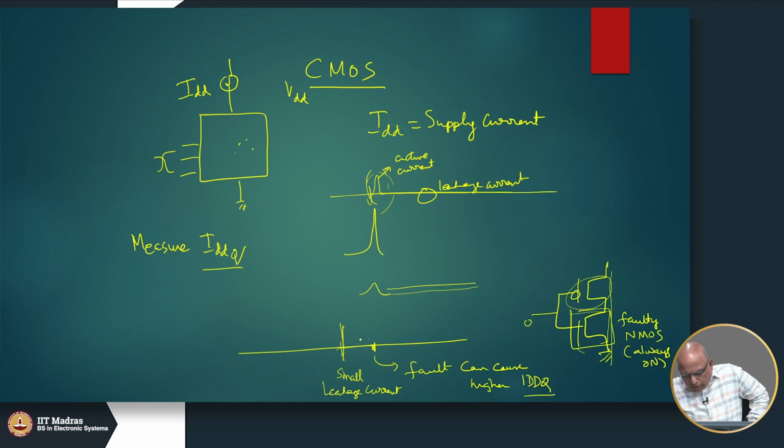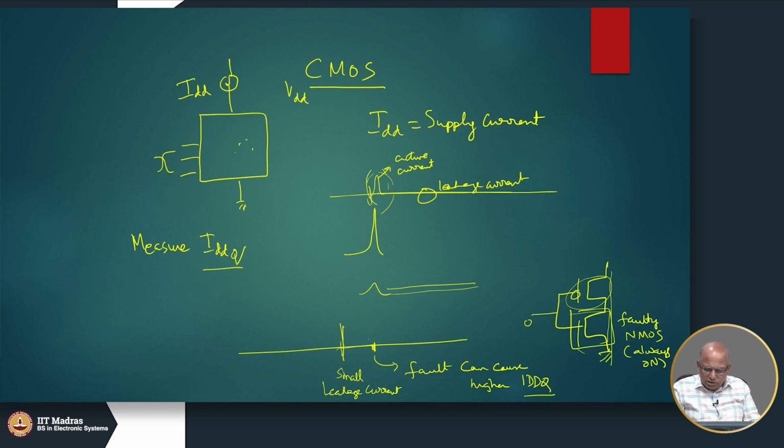So the idea is to apply a test vector to the CMOS circuit, wait for all the activities to get completed, and then measure the current through the supply.